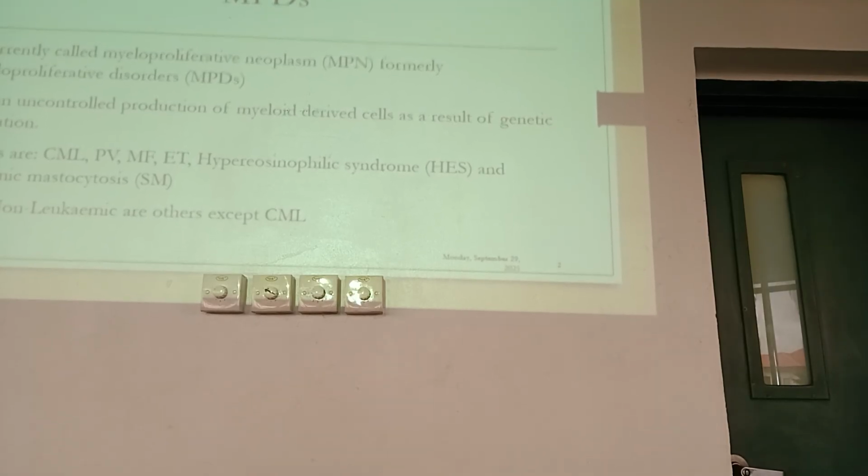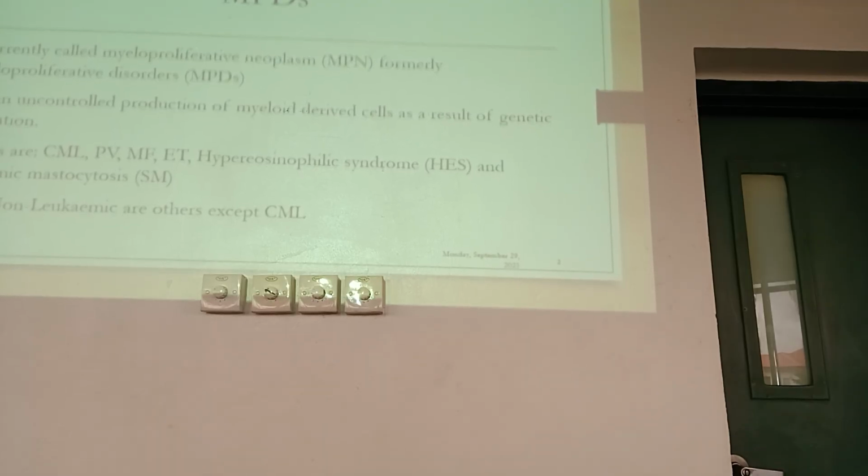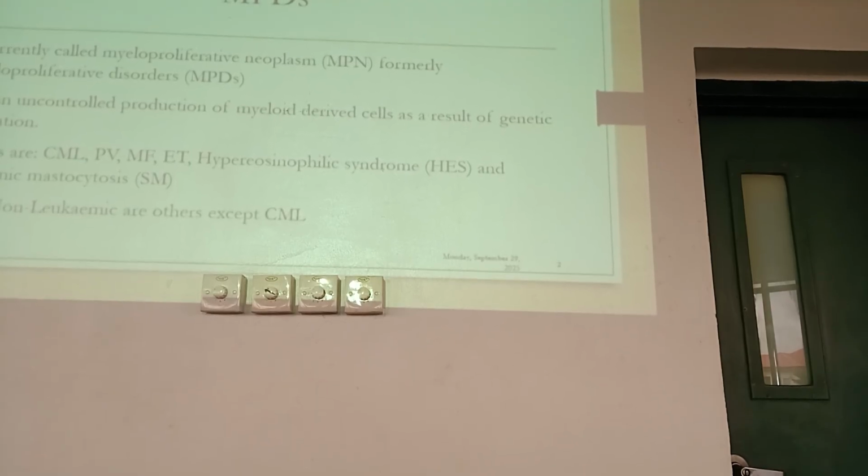So we can continue next week, and that's why you have MPN 1 and 2. Then there is MDS, that is not classified under MPN, myelodysplastic syndrome. So we'll bring that up next week while we are trying to conclude this. So we'll start with polycythemia vera.